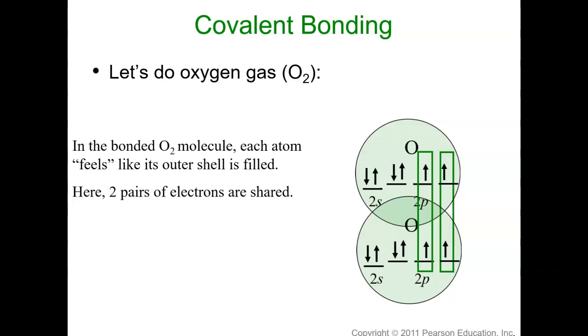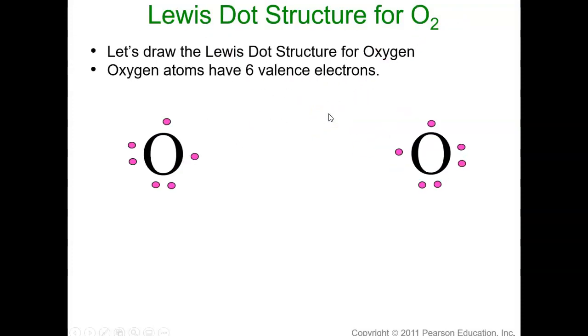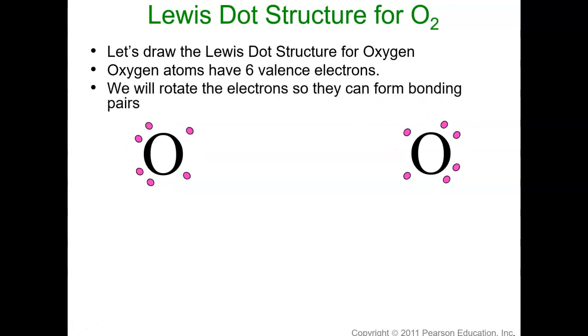So now each of the atoms feels like its outer shell is full and they're sharing 2 pairs of electrons. So each oxygen now feels like it has 8 valence electrons. Remember, everyone wants 8. They all want to be like those noble gases. So how do we do that in our Lewis structures? So we have 6 valence electrons because there are six dots for 6 valence electrons.